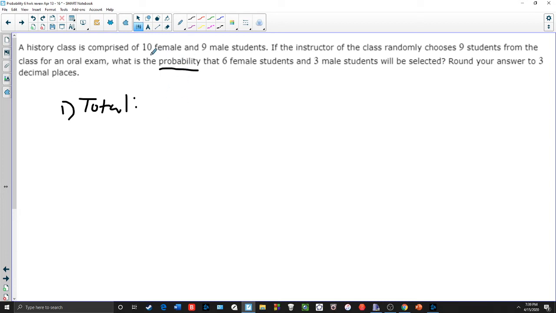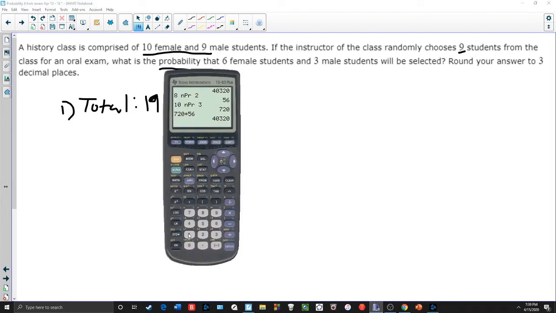So we have a total of 19 people, right? 10 female, 9 male is 19 people total. So we have 19, and we're going to choose 9 of them. So 19 choose 9. How many ways can we pick 9 students from 19? How many different ways can that happen? Well, there's 92,378 ways.